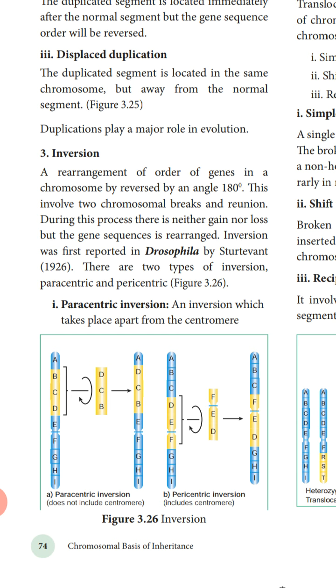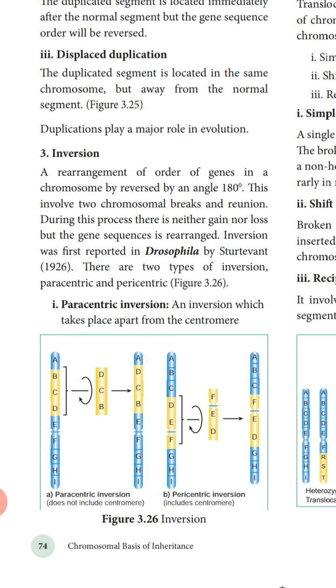So here A, B, C, D, E, F, G, H, I is the normal chromosome. In that, the B, C, D segment is getting removed. With the help of two breaks, one between A and B and the other between D and E, this segment BCD is removed from the chromosome. Okay, and this segment is again joining, but the segment is undergoing a rotation at an angle of 180 degrees.